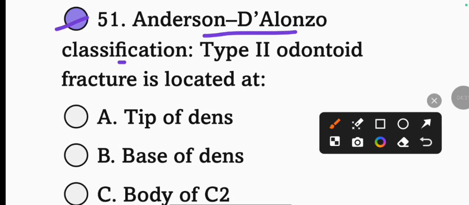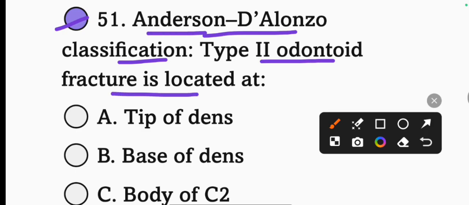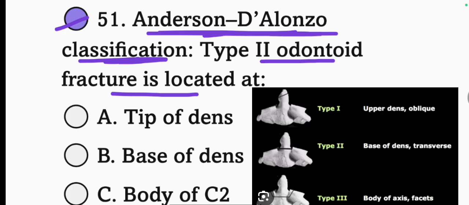Anderson D'Alonzo classification: type 2 odontoid fracture is located at... Please read this Anderson and D'Alonzo classification once, because it is a very high-yield classification question. In the Anderson D'Alonzo classification there are three types. Type 1 is the tip of the dens, type 2 is the base of the dens, which is the most common and most unstable, and type 3 is the body of C2.